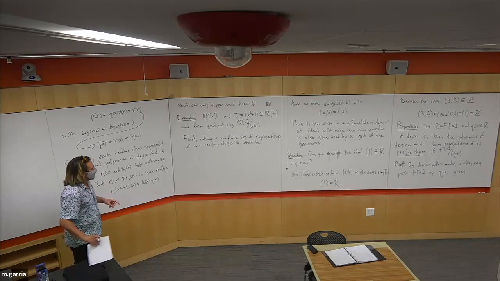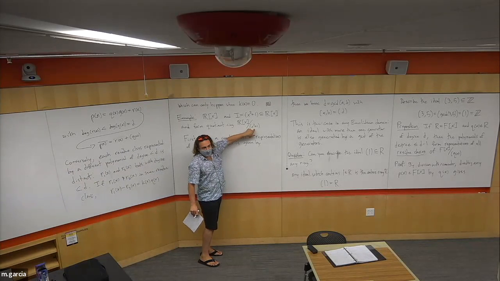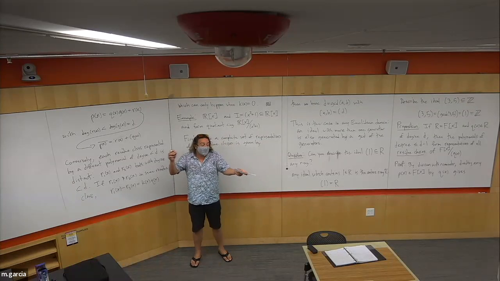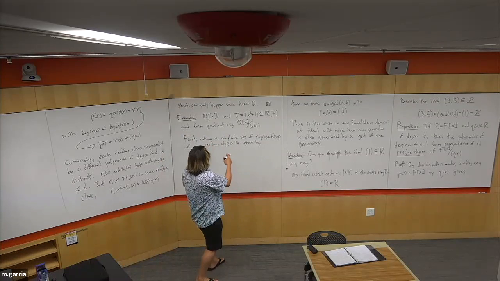The first thing to notice is that the generator of the ideal that we're modding by is degree two. So all the polynomials of degree 0 and 1 will be a set of representatives of residue classes that will be useful to us.